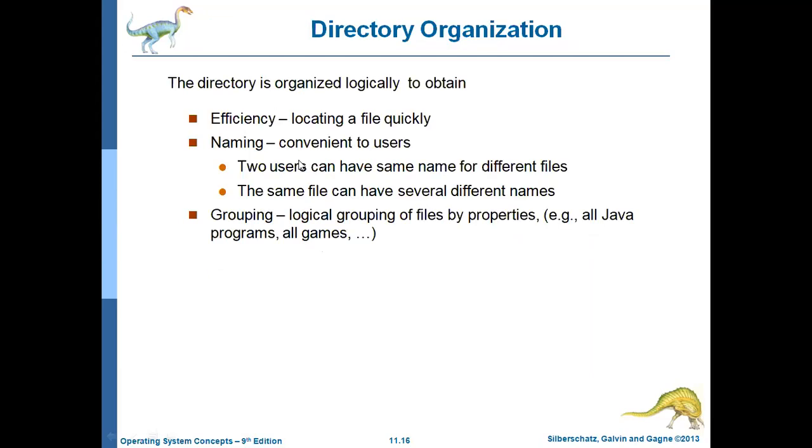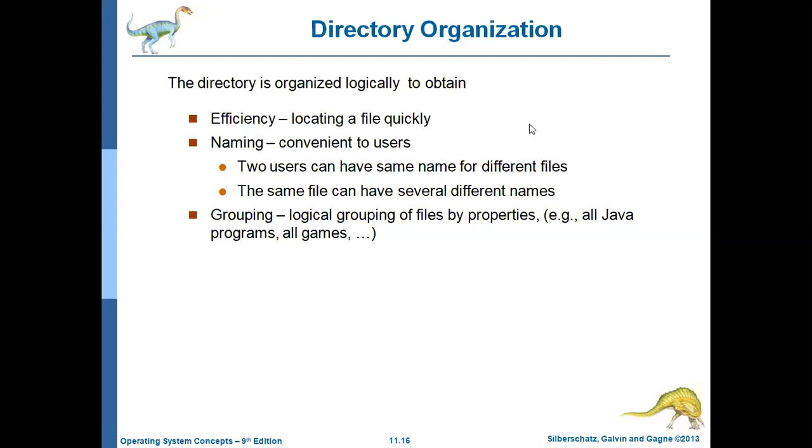So what is directory organization? It is logically to obtain three things in total: efficiency, naming, and grouping. Efficiency is nothing but locating a file quickly, first and foremost. Second is naming, convenient to users.